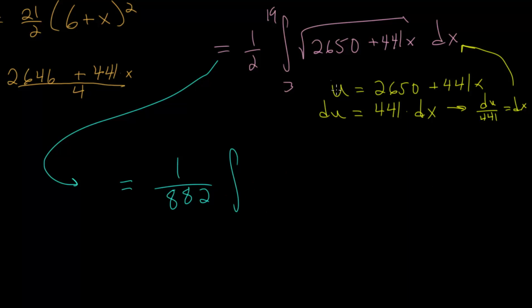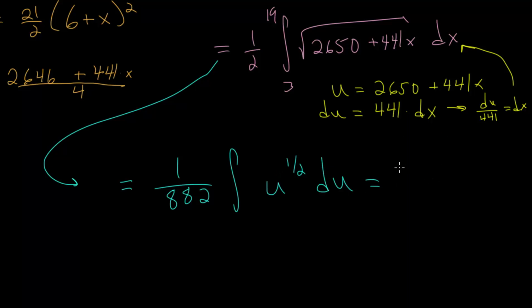We will substitute this back in for u, or we can just figure out what the bounds are in terms of u. So that's a personal choice, but we end up with the square root of u multiplied by du, though let's write this as u to the 1/2 power so that we can apply the power rule for antiderivatives.